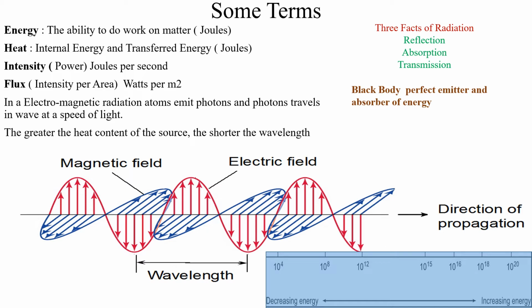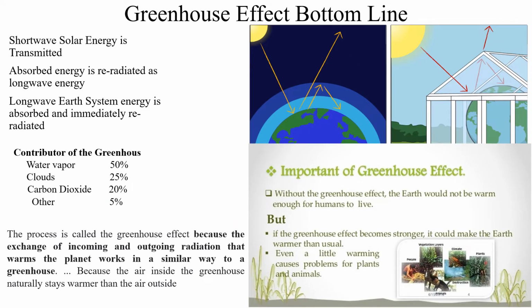So there are some questions from there. Make sure that you know this. Make sure that you know the term greenhouse effect, how the greenhouse effect affects our atmosphere, and how the planet is being warmed because of the greenhouse effect. So the greenhouse effect is not a curse, it's a blessing in one way, but too much is wrong.